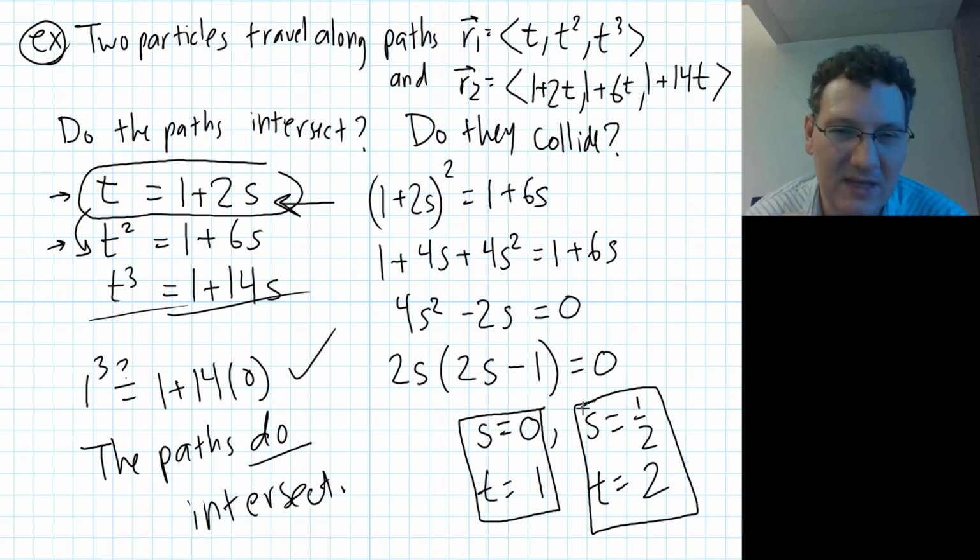There's no value of time for both s and t where they're in the same spot. So actually, no, the two particles don't collide. The particles come to this point at two different times. So the particles do not collide, but the paths do intersect.